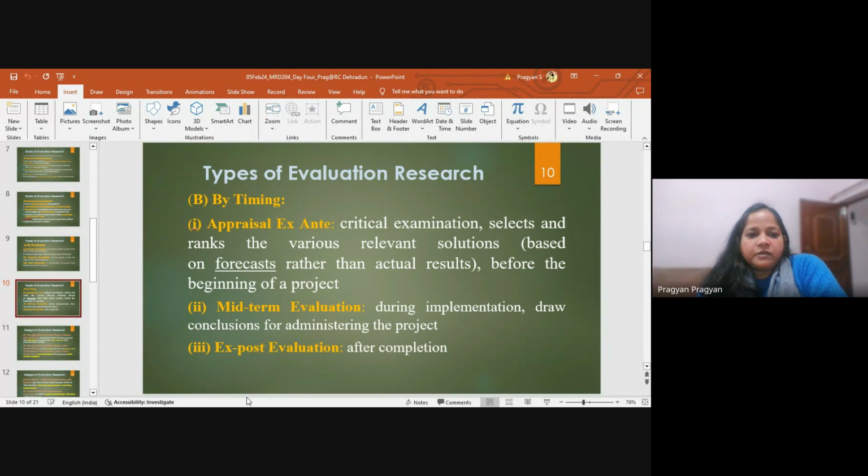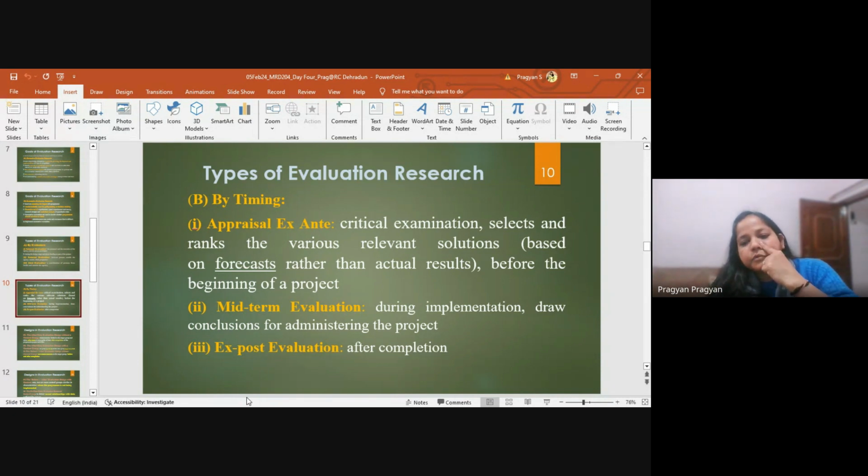For instance, in the first subcategory, you can say appraisal ex ante. What is that? It's a critical examination that selects and compares various suitable intervention strategies and solutions, but before the beginning of a project.